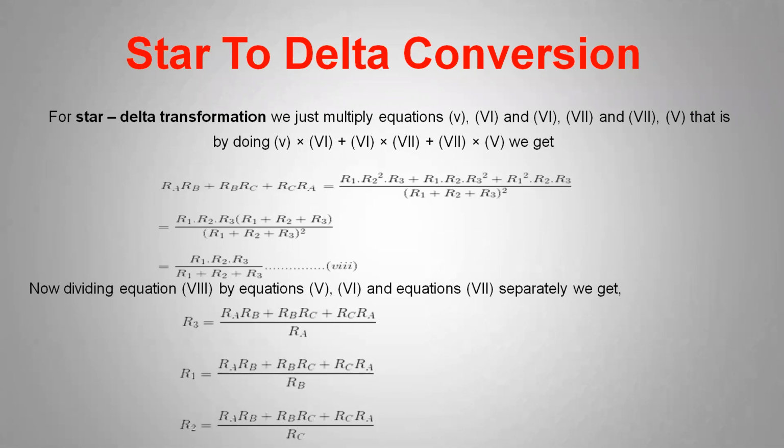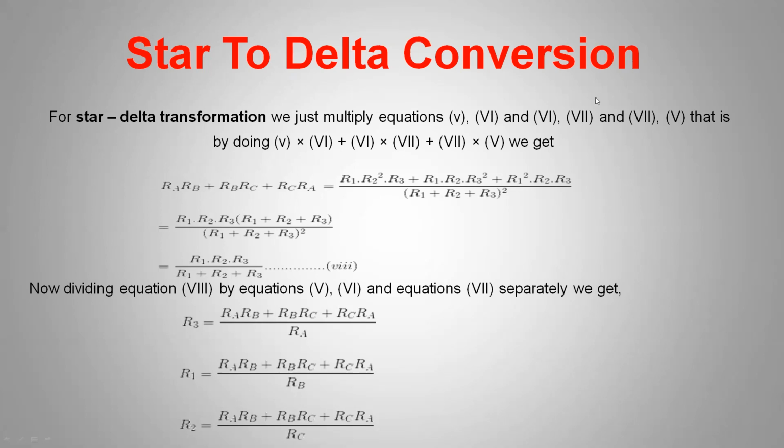For star to delta transformation, just like delta to star transformation, you calculate the resistances from the equations. We multiply the equations: 5 into 6, 6 into 7, 7 into 5.